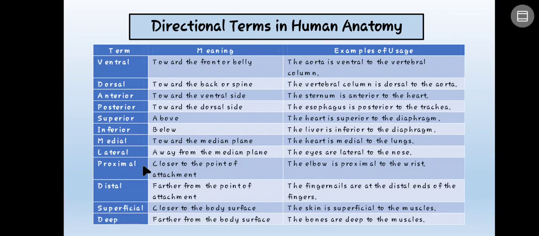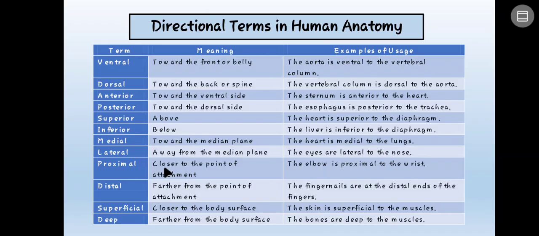Proximal means closer to the point of attachment. If you say something is proximal, it means closer to where there is an attachment. So when we say the elbow is proximal to the shoulder, it means the elbow is closer to the point of attachment of the shoulder.